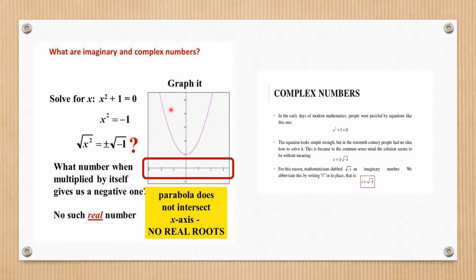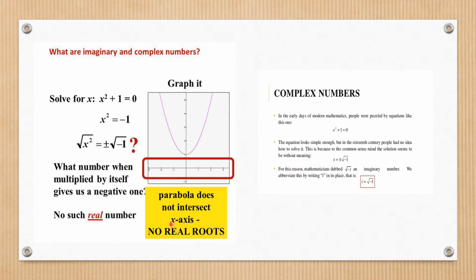And if we plot the graph of this quadratic equation, you know that the graph of a quadratic equation is a parabola, and the parabola that you obtain is not touching the x-axis. When it is not touching the x-axis, the equation will have no real roots.